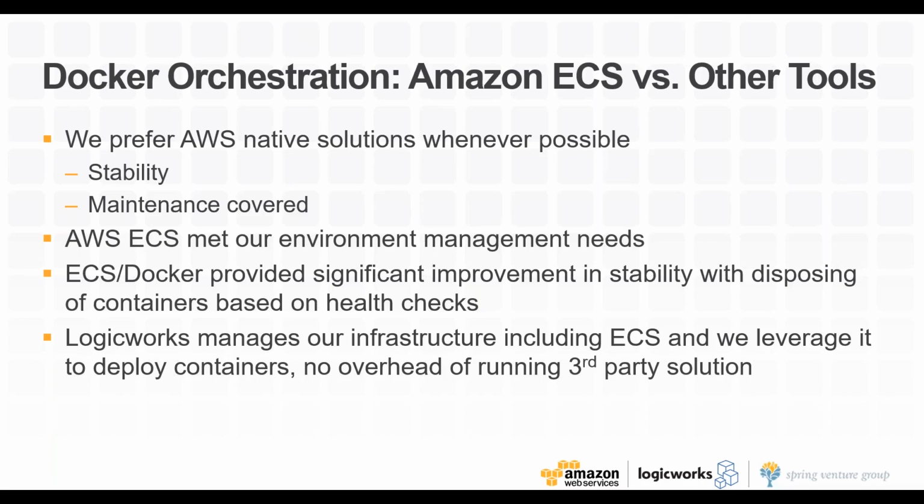So ECS provided a stable, maintenance-covered solution for us, and in addition, it met all of our environment needs. From an ECS Docker perspective, we saw a significant improvement in the stability of our environment when disposing of containers through these health checks. And in addition to that, Logicworks was there to support and manage our infrastructure. So from our perspective, we were able to leverage Docker without any worry about managing the orchestration layers.